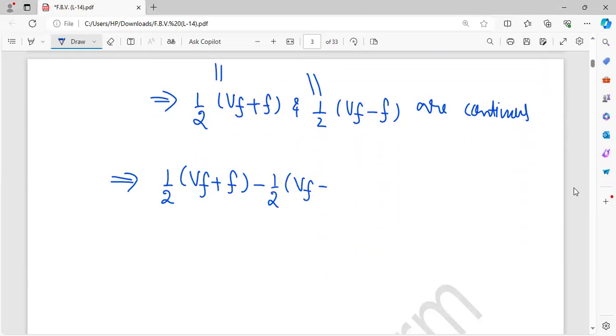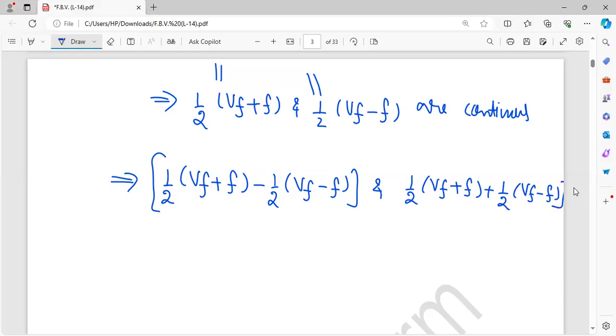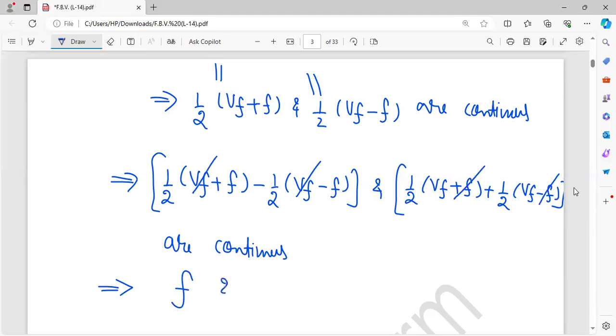BF cancels out in one case, so this is F, and in the other case F cancels out and BF is continuous.